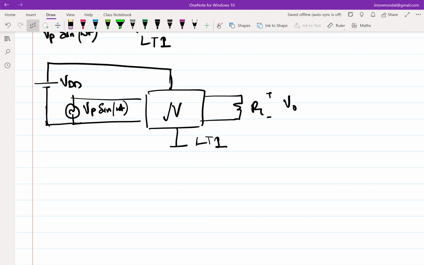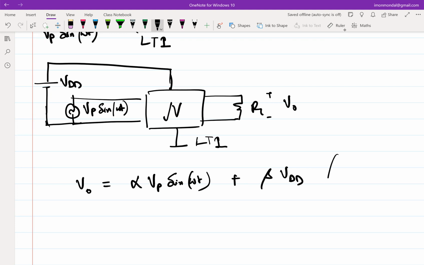So if I desensitize VDD and find out the output voltage, I will get V naught equal to some alpha times Vp sin omega t plus some beta times VDD. Right? This is using superposition.